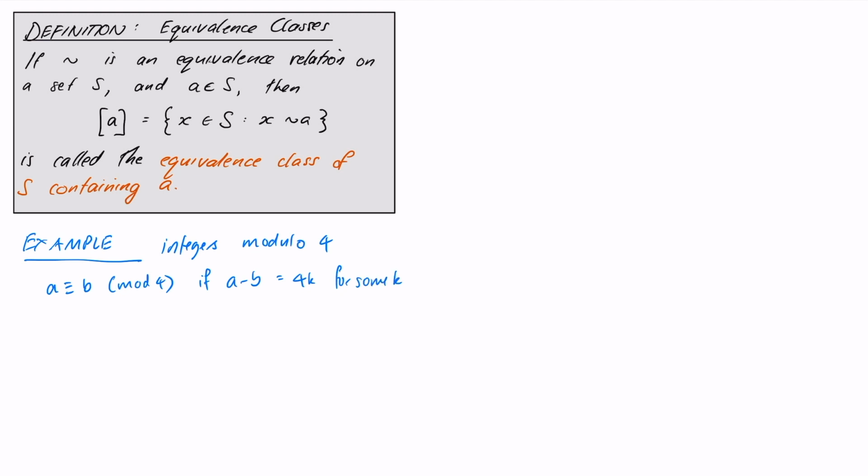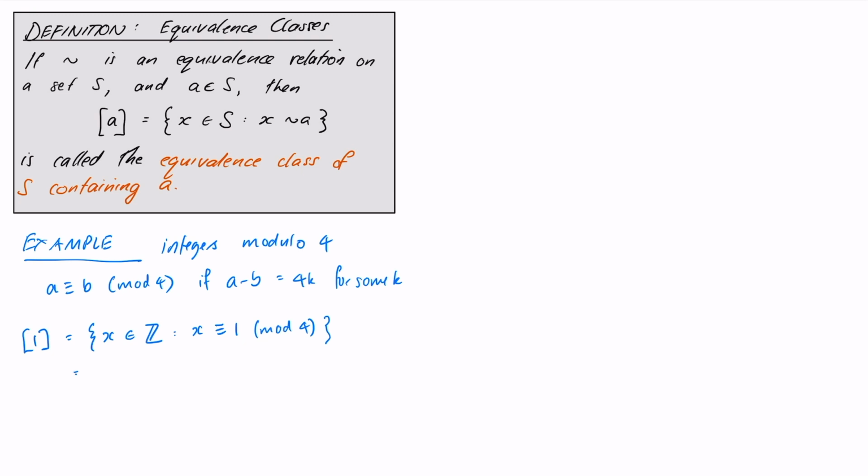So if I wanted to, for example, build the equivalence class of 1, so 1 is an integer, I'm just looking for all of the integers for which 1 minus that integer gives me a multiple of 4. So using the definition, it's going to look like the set of all things in my underlying set, which is the integers, such that x is equivalent to 1 mod 4. I can work that through.